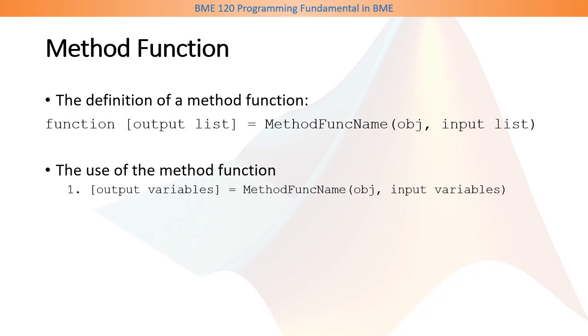This is the same as the definition. The alternative is that instead of supplying the data object as the first input variable, you will use the form object.methodFunctionName, and then you only need to supply the rest of the input variables.